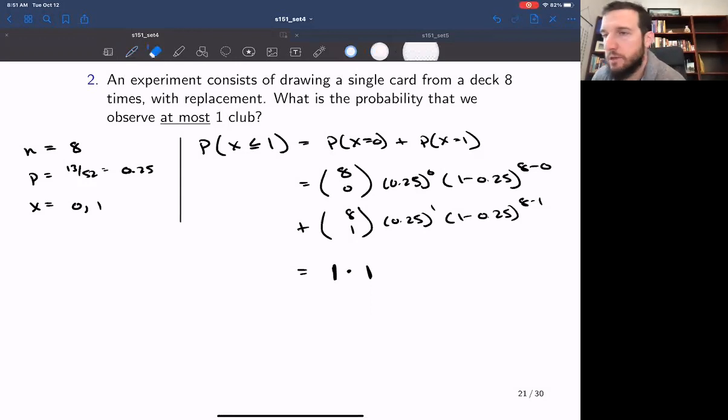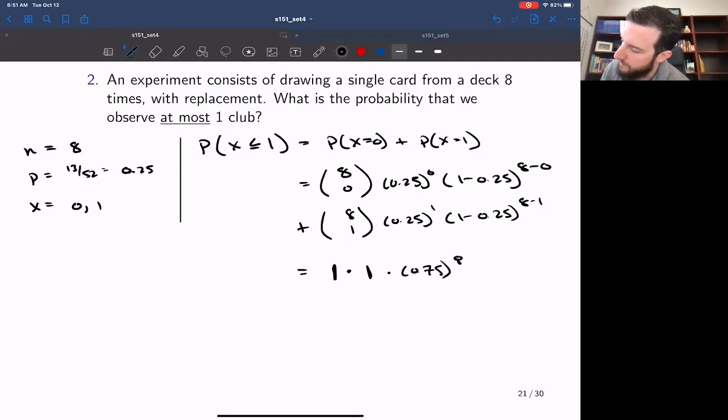Okay, so anything choose 0 is 1. Anything to the power of 0 is 1. And then we have 0.75 to the 8. Okay, and then we have 8 choose 1. Anything choose 1 is that value. So this is going to be 8 times 0.25 times 0.75 to the 7.